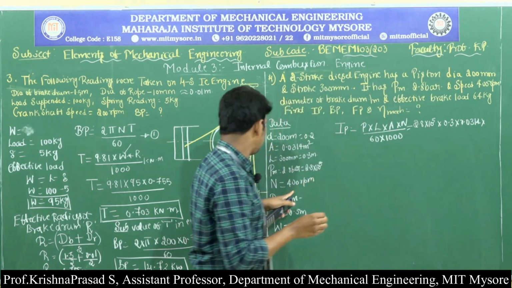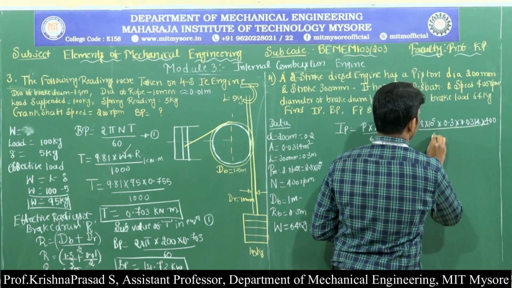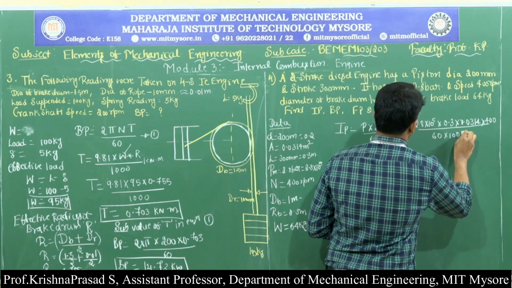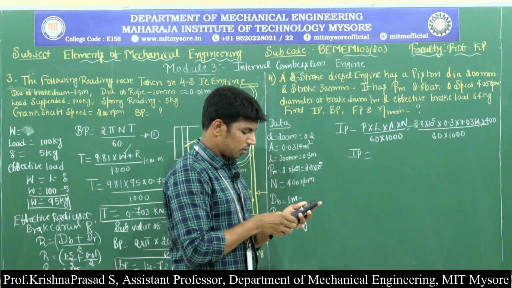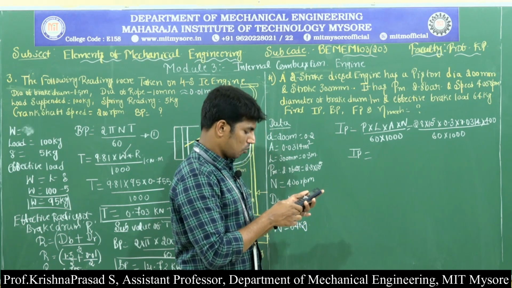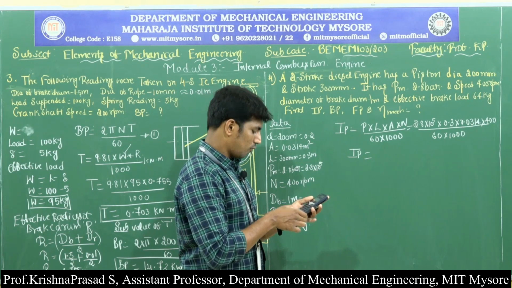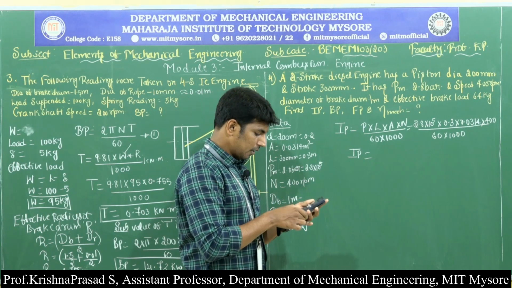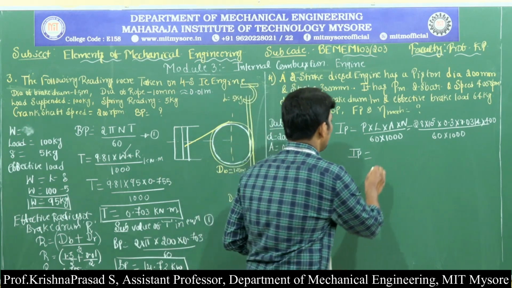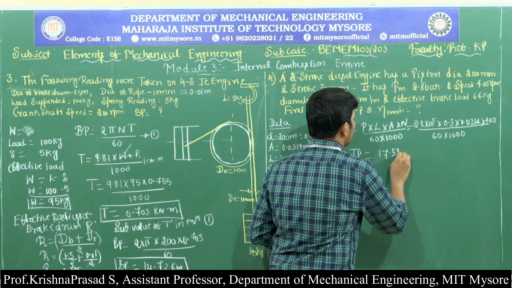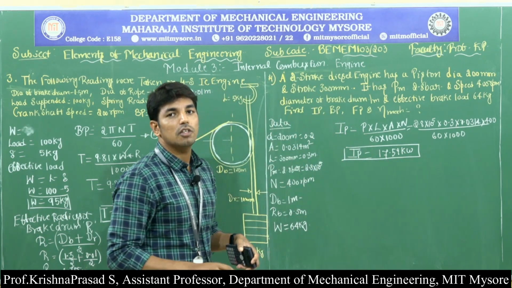N is the crankshaft speed, 400 rpm divided by 60 into 1000. So calculate the value of IP, that is 2.8 into 10 to the power of 5 into 0.3 into 0.0314 into 400 rpm divided by 60 into 1000, which gives rise to IP equals 17.59 kilowatts.